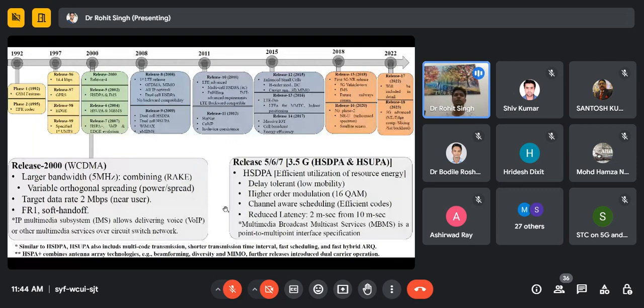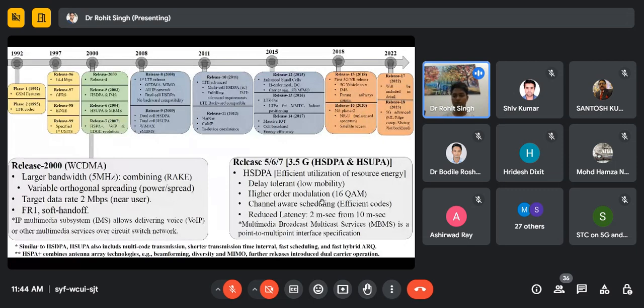Again, the motive is to allow users to access more and more resources and to experience lower and lower latency. Now, another breakthrough is that we have sufficient computation capability at the user as well as at the transmission end.